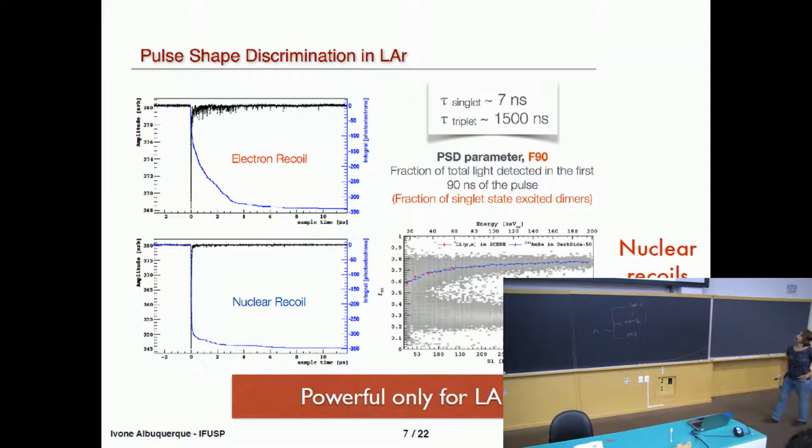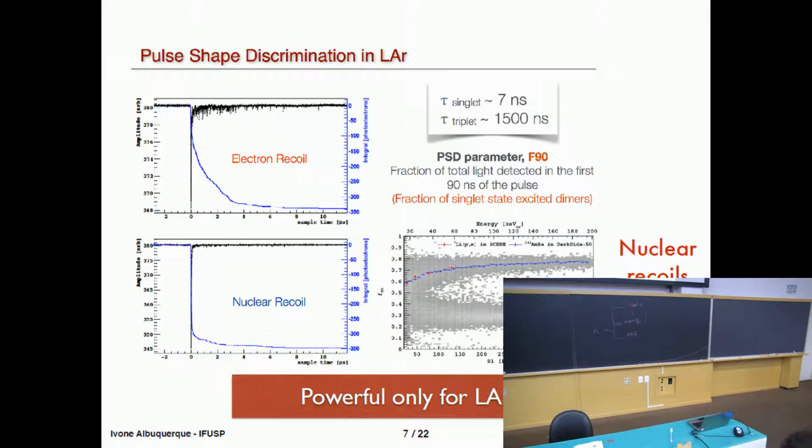So this is the pulse shape discrimination I was talking about, and it's a very powerful tool to discriminate electron recoils from nuclear recoils. The idea here is that when you have the interaction, you will form argon excimers, mainly a molecule of argon, and it will decay in two states.